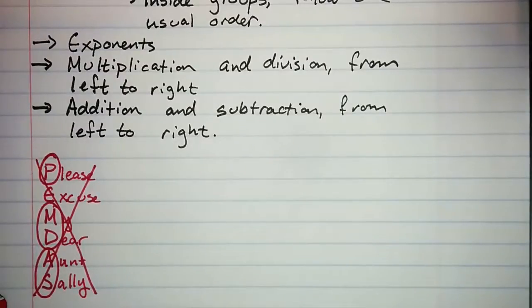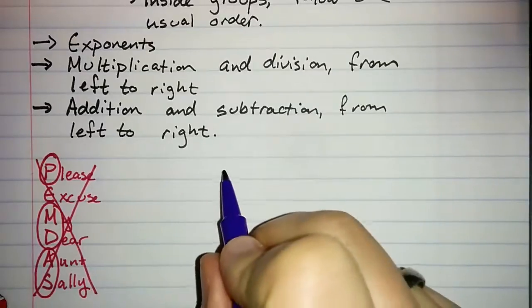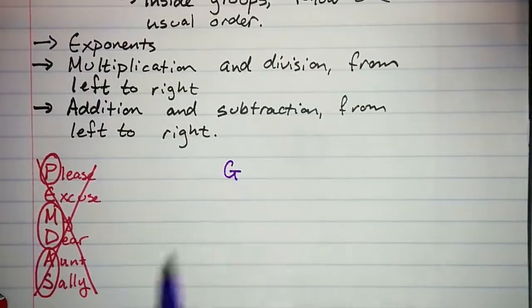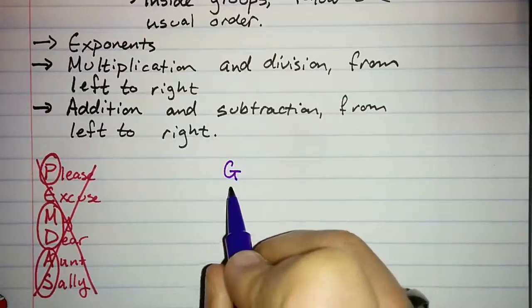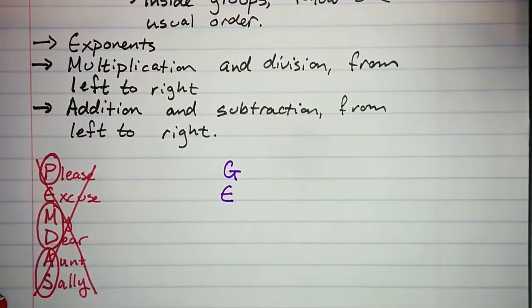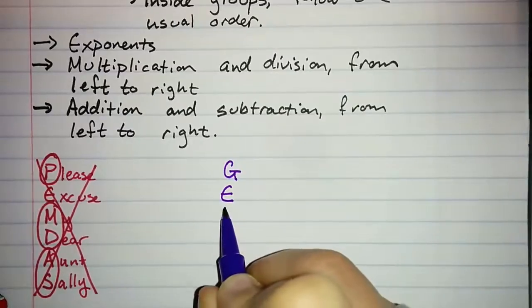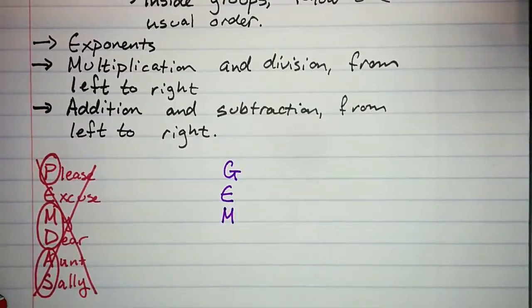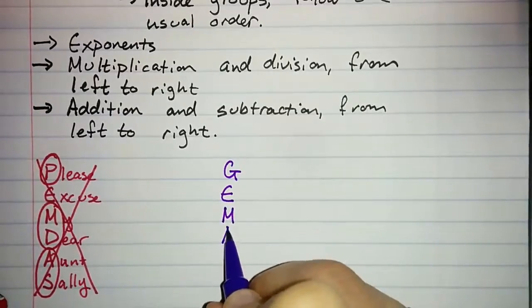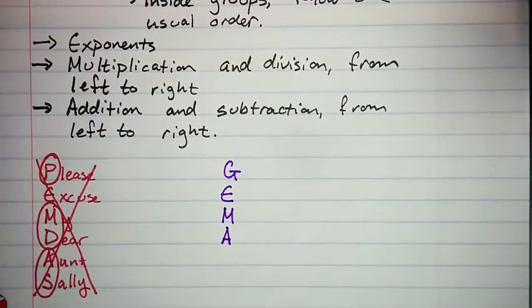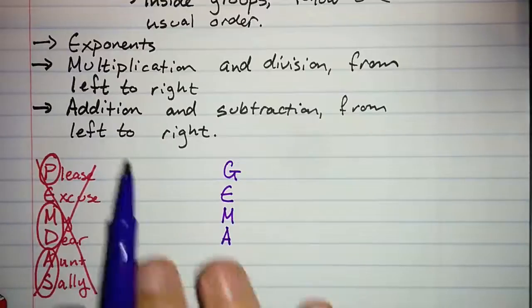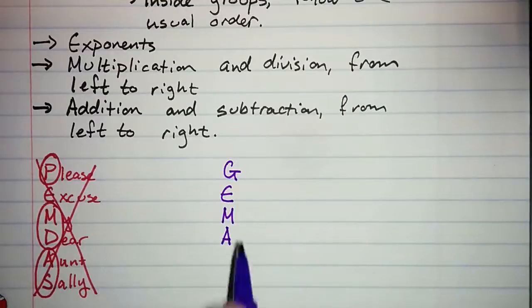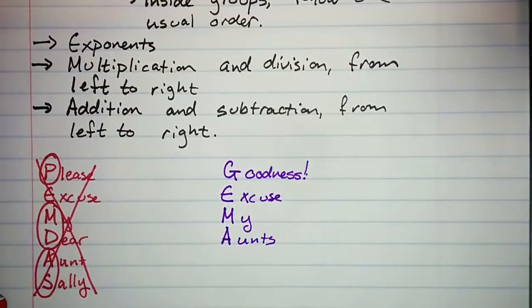If you like acronyms and you like mnemonics, try this. G for grouping symbols, E for exponents, M for multiplication and division, and A for addition and subtraction. If you like this mnemonic device, try goodness, excuse my aunts.